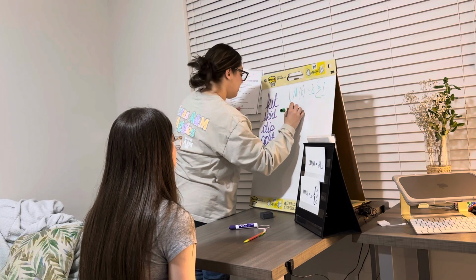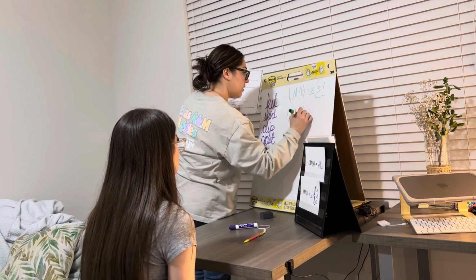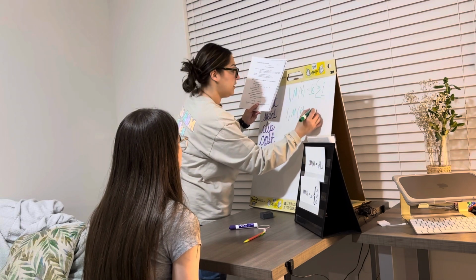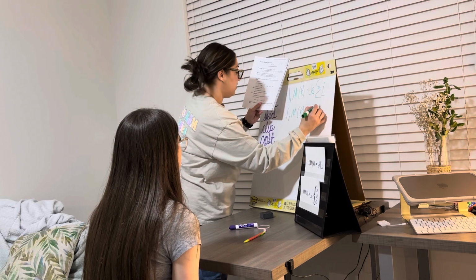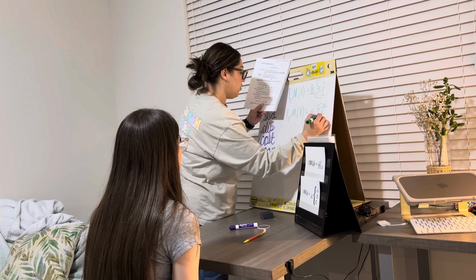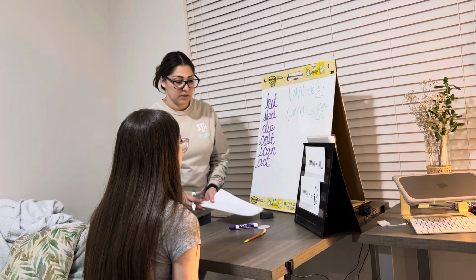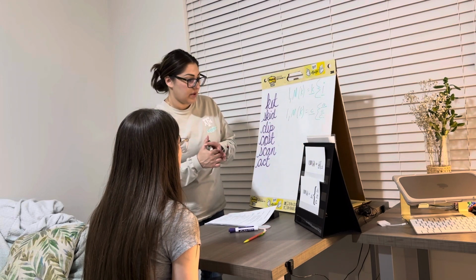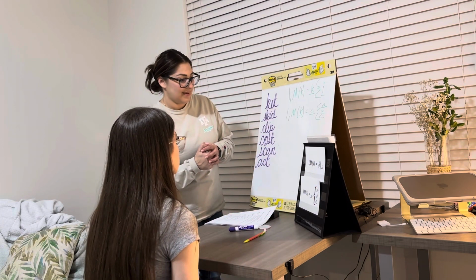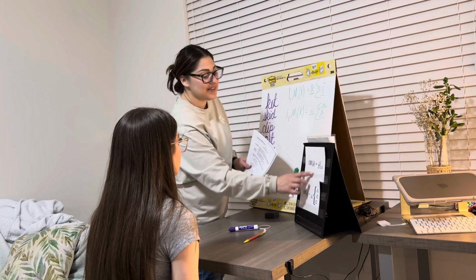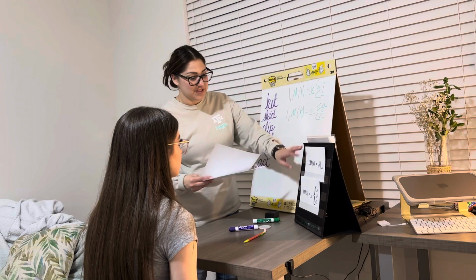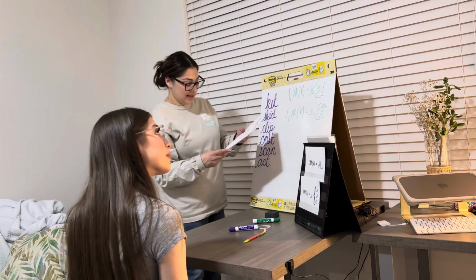Initial, medial, k is the C before A, O, and a consonant. Oh, this word is cursive. Yes, I just wanted to write them here for you so you could refer back to them.